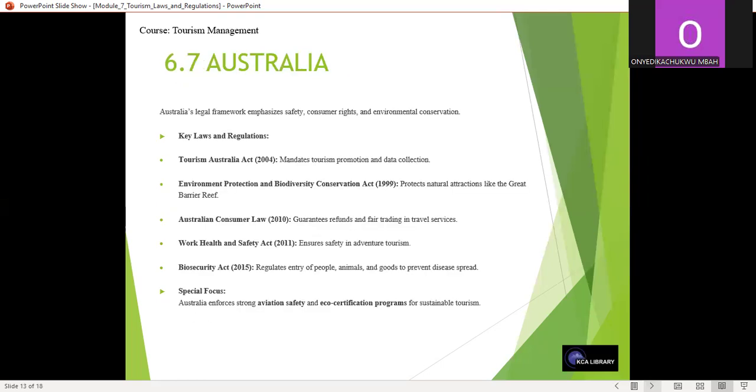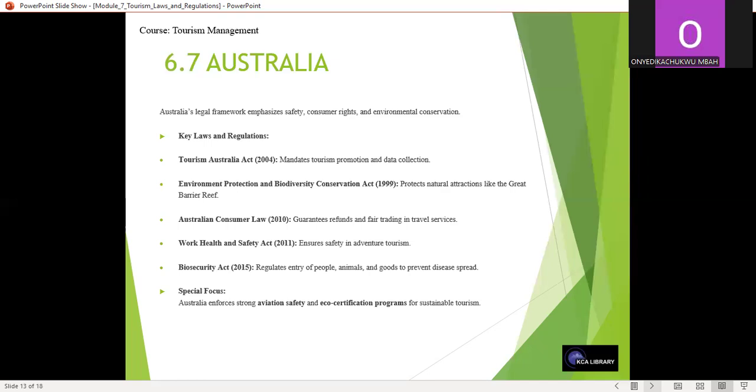Now we have Australia. Australia's legal framework emphasizes safety, consumer rights, and environmental conservation. What are their key laws and regulations? Tourism Australia Act 2004, Environmental Protection and Biodiversity Conservation Act, Australian Consumer Law 2010, Work Health and Safety Act of 2011, Biosecurity Act of 2015.